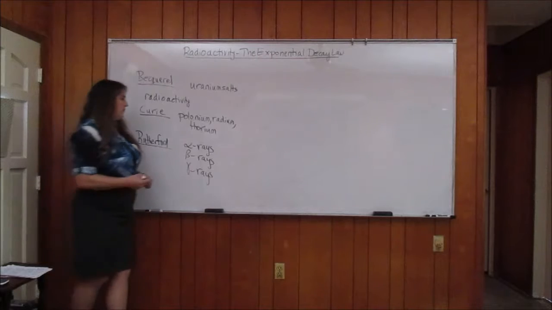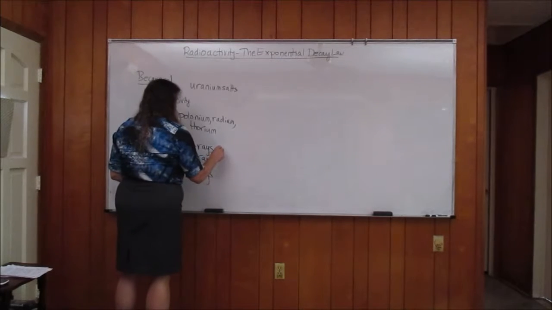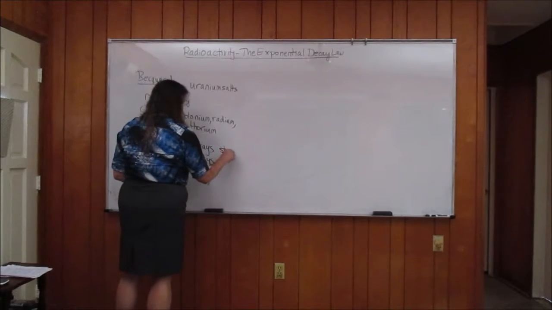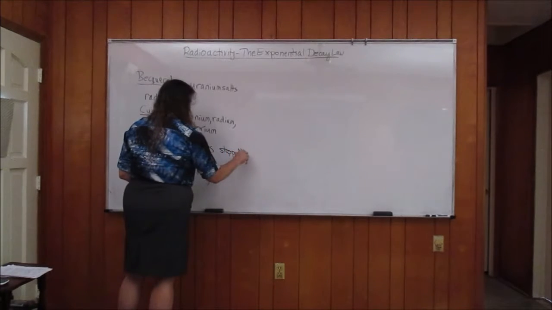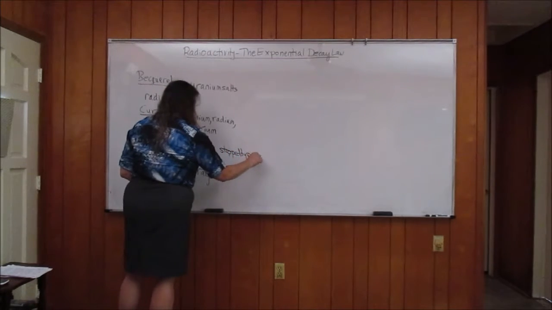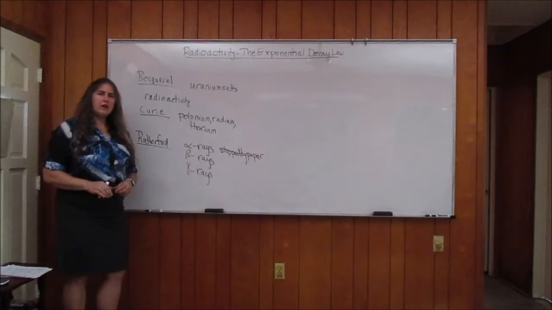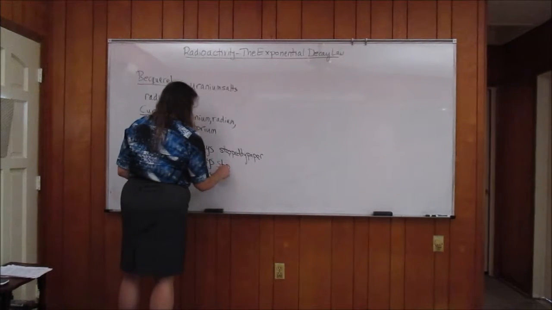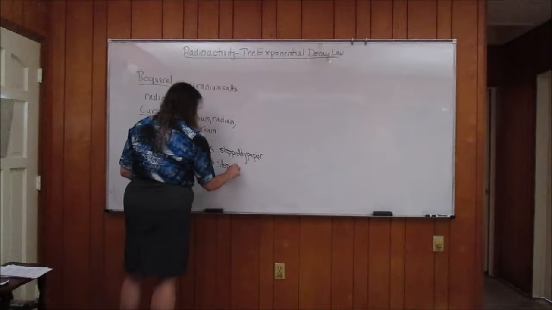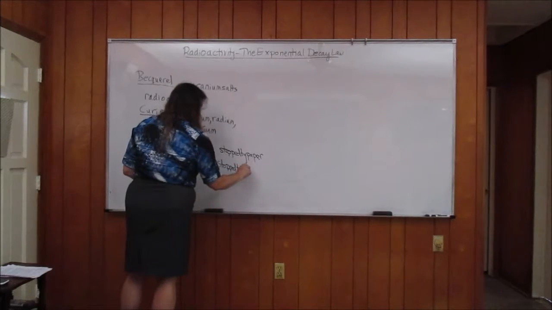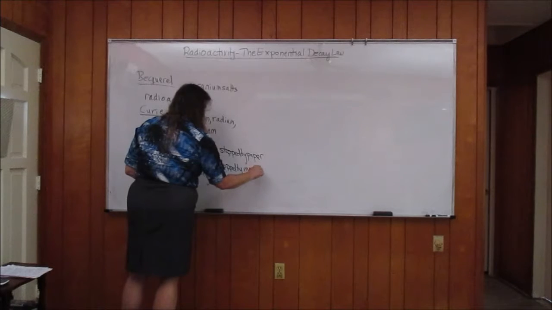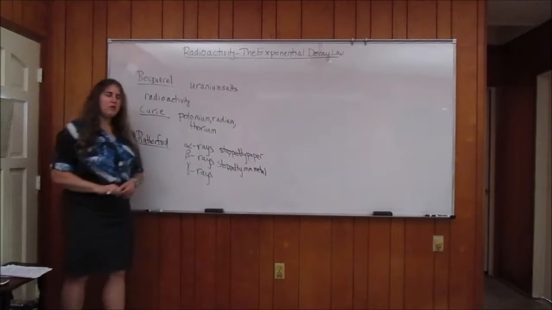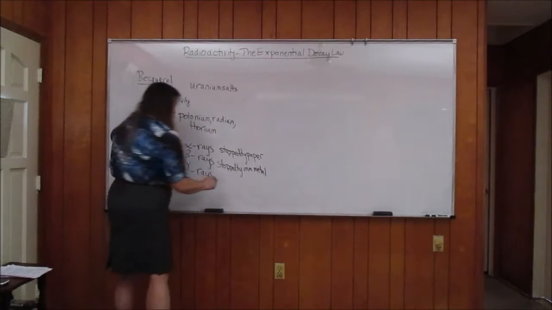So alpha penetrates the least distance, so it can even be stopped by paper. Beta rays travel a little further, but they can be stopped by a few millimeters of metal. And gamma rays penetrate furthest.